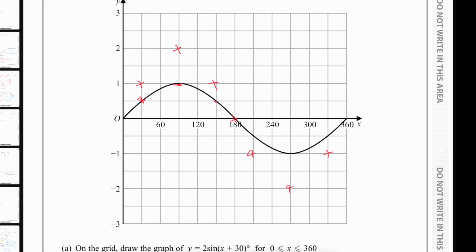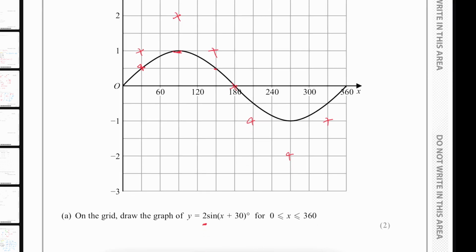After that, we've also got a phase shift. Now, because it's within my brackets, you would think naturally that a plus 30 would be moving in that direction. But because it's within my brackets, it's going to be inverted. So I'm going to be moving 30 degrees to the left. So just having a look, each of my blocks here are 30 degrees.